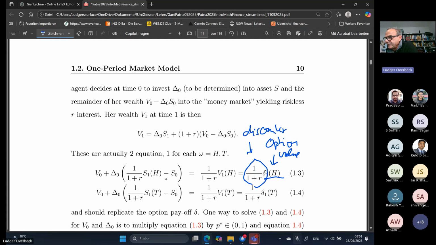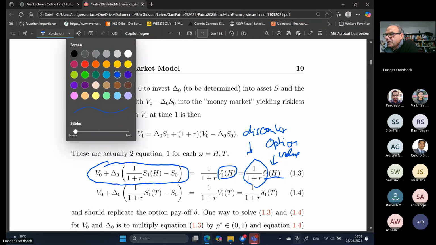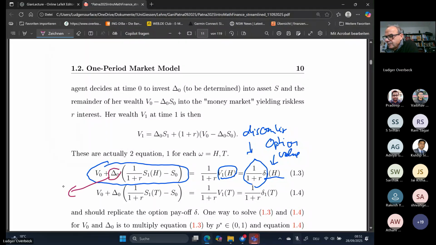It should be the same as the value of your hedge portfolio, which is this one. And you have to solve this one, you want to figure out. Okay, that's what we have done before. And so this you want to figure out, and you want to figure out this one.